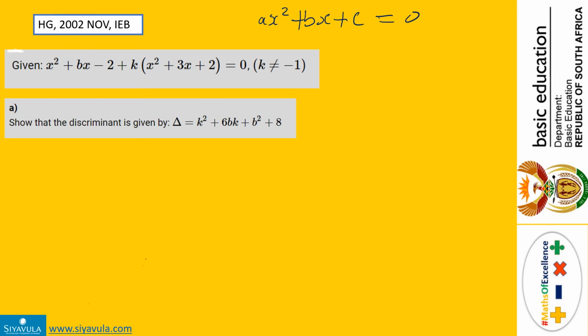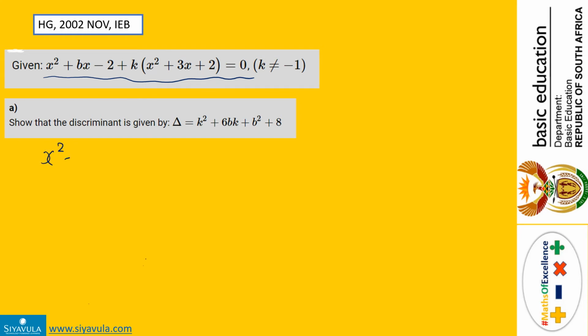Very important. So from that expression, we are going to first write it in that standard form. Then after writing it in that standard form, we can calculate delta. Then after calculating delta, we can simplify it until we have proven that our delta is that one. Okay, so let's get to it.